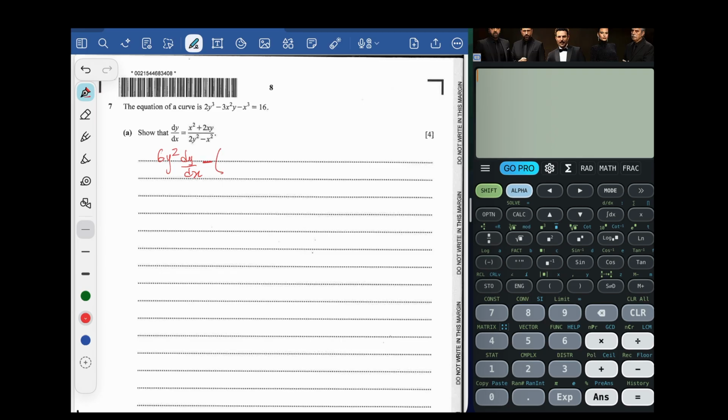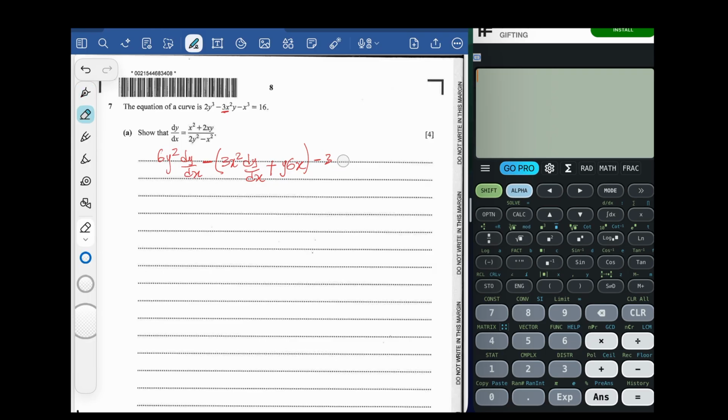Hold this constant, 3x squared, differentiate y, I get dy/dx, plus hold y constant, differentiate the other one, I get 6x. Then minus 3x squared, equal to 0. From here I just expand and collect like terms.